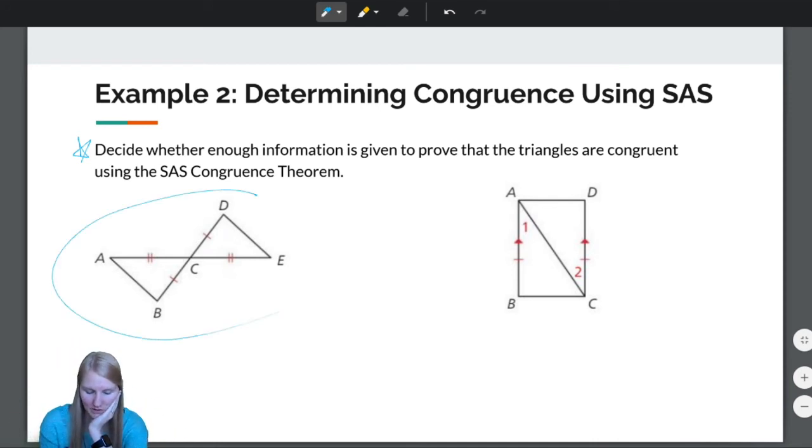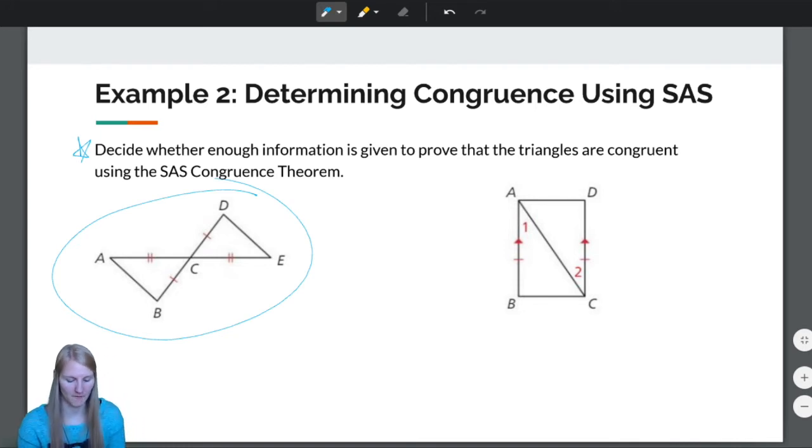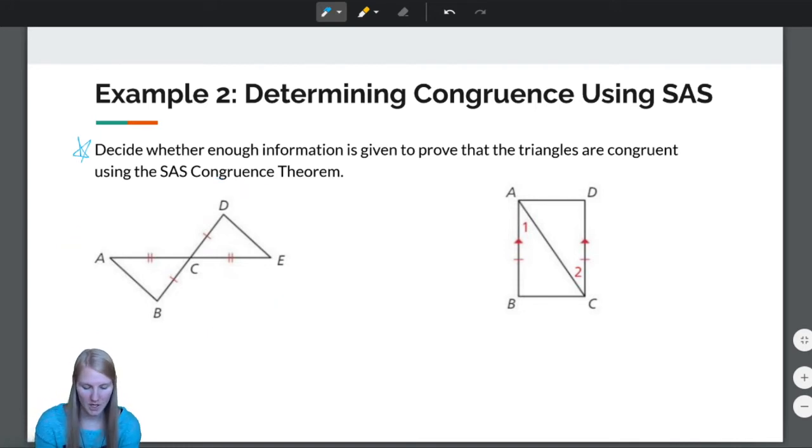So, let's look at the first picture here, the first set of triangles. We're told that these two sides are congruent, BC and DC. And we're told that AC and EC are congruent.